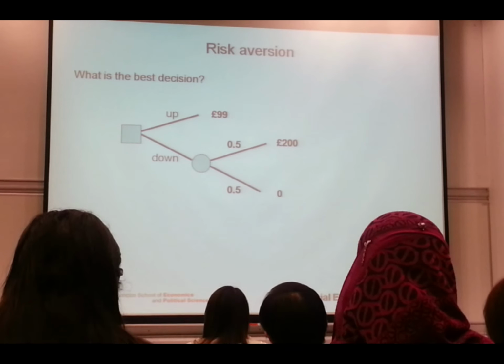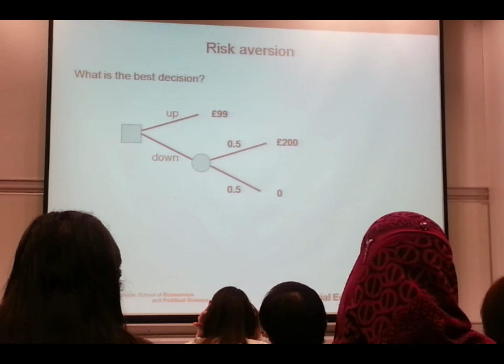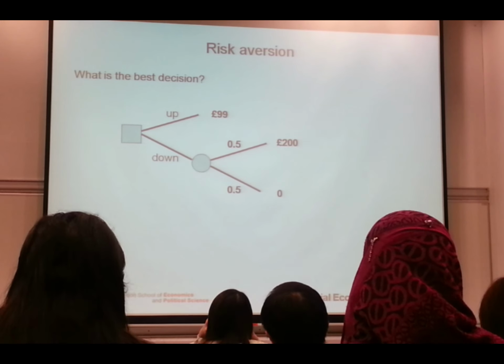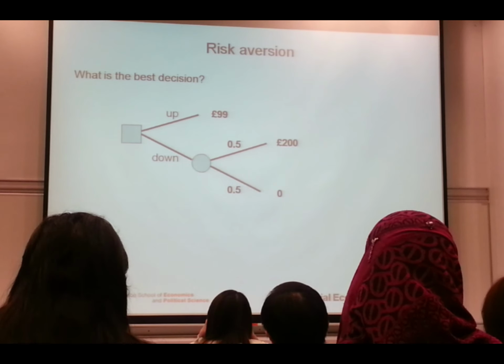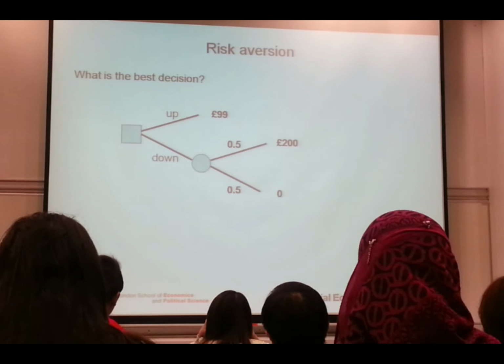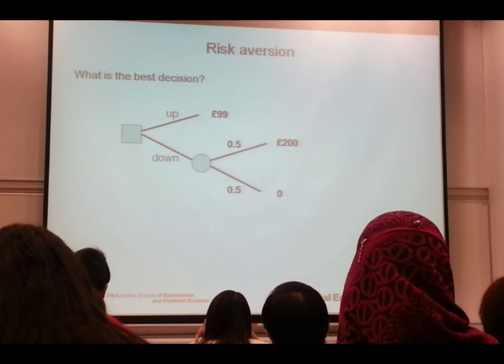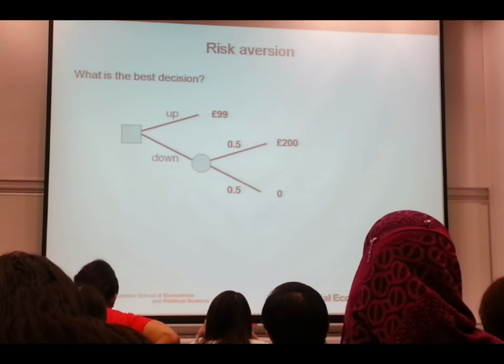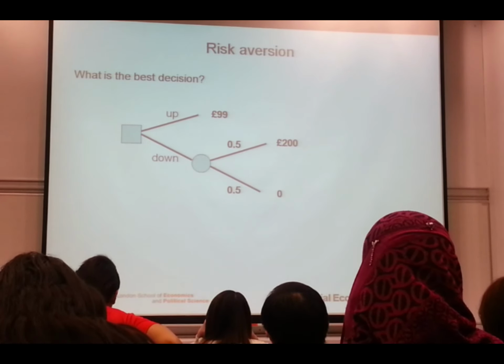I can choose to get 99 pounds for sure, or I could get a lottery ticket, and that lottery ticket is going to pay out 200 pounds with 50% chance, and it's going to pay out nothing with 50% chance.